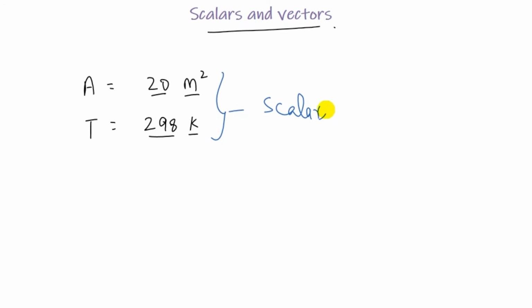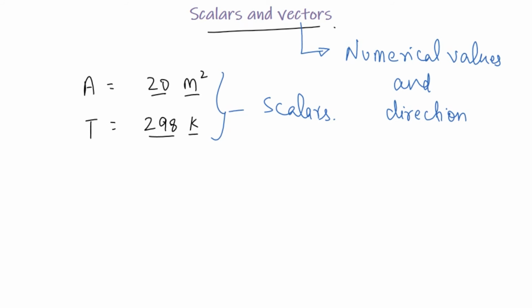So what are vectors now? Other quantities require both the numerical value and the direction. So it requires the numerical value, or you could say the magnitude, and also the direction. For example, velocity.